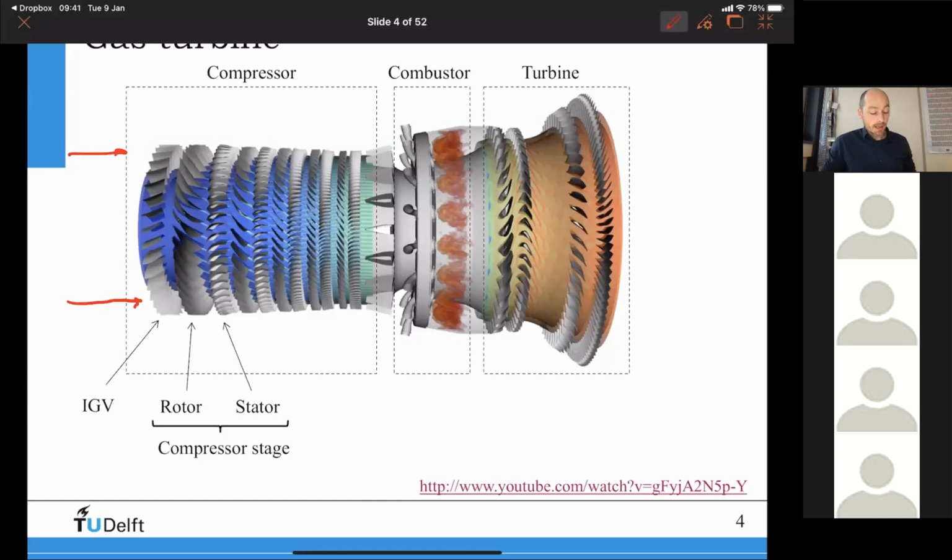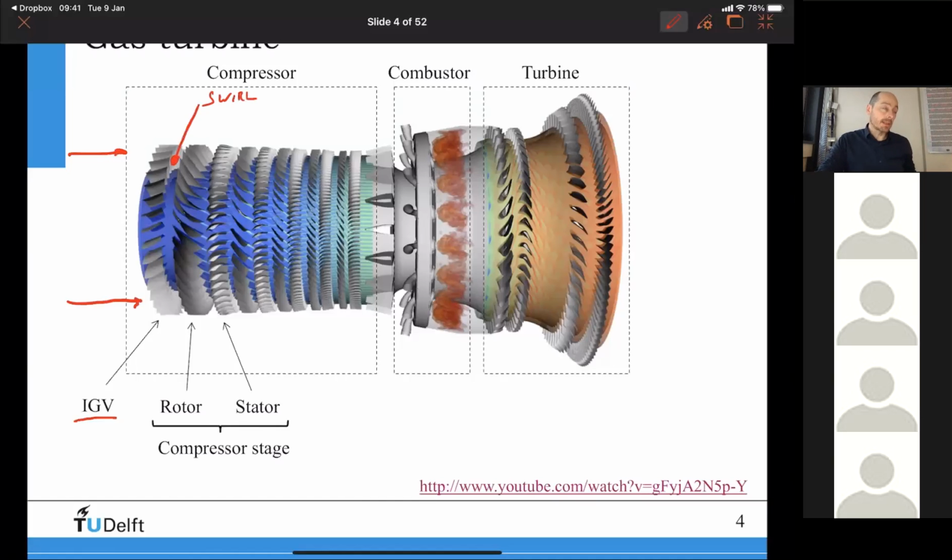Then, for most compressors, maybe not all, you will have something called an IGV, an inlet guide vane. The inlet guide vane is used to create some swirl here, so you create a swirl before you go into the first stage of the compressor.